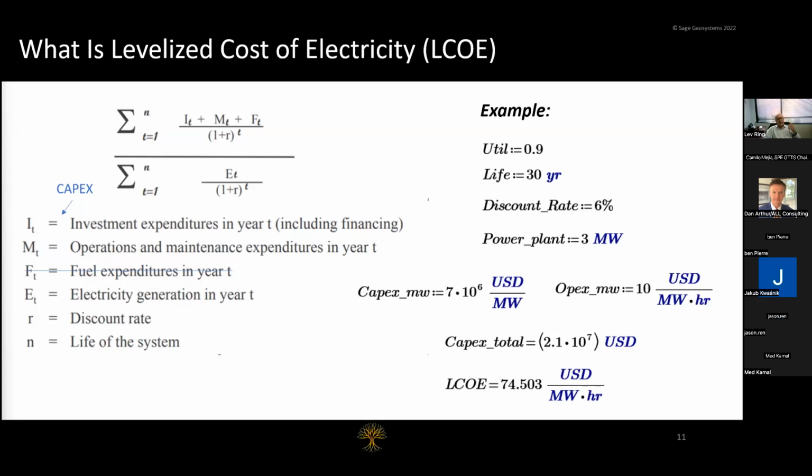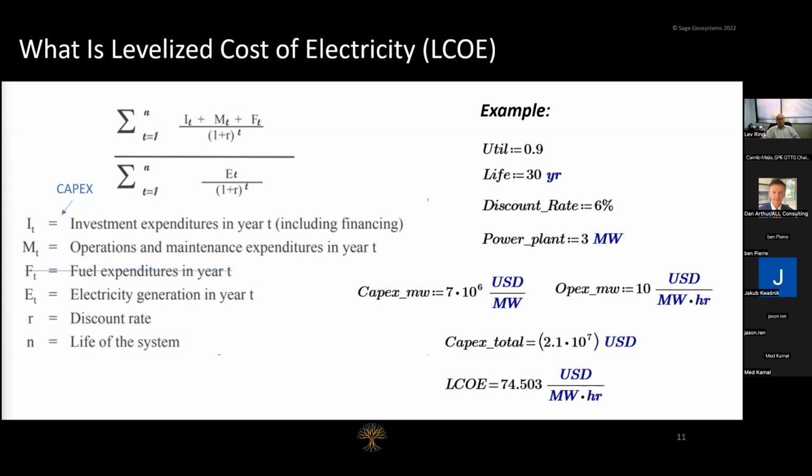And let's take an example, okay? Let's say that our utilization is going to be 90%, which is typical for a geothermal system. We want to serve 30 years, we'll assume cost of capital at 6%, and we want to generate 3 megawatts, okay?